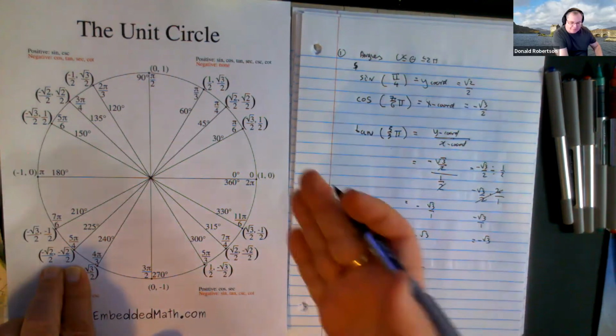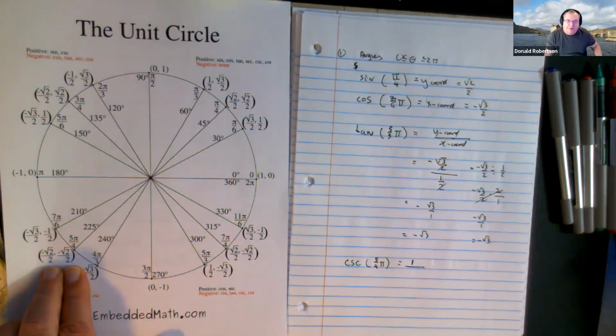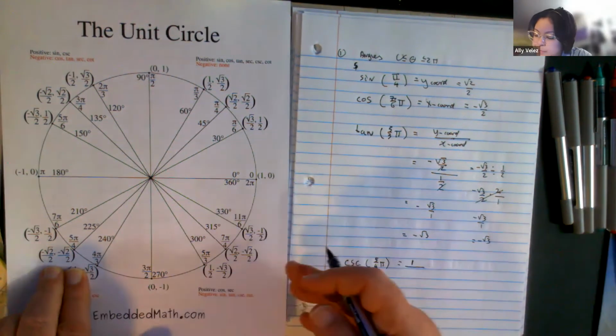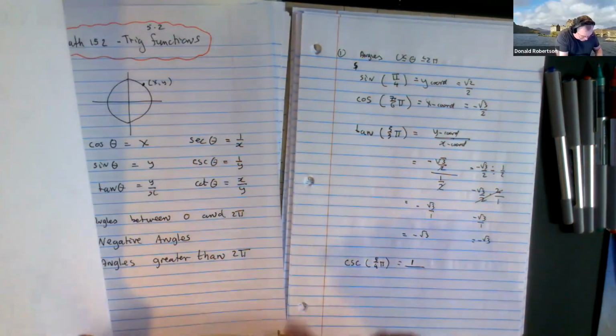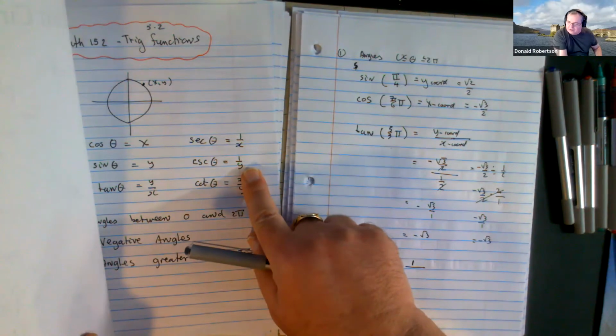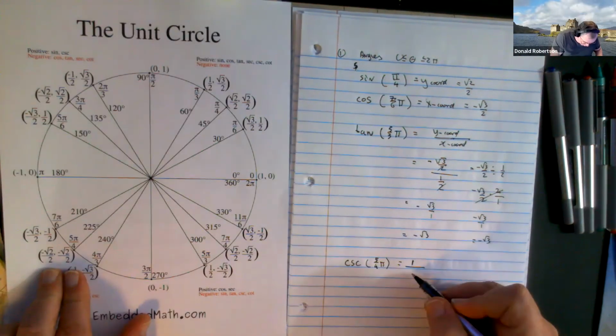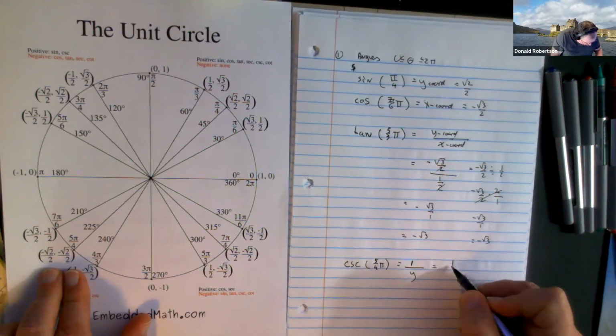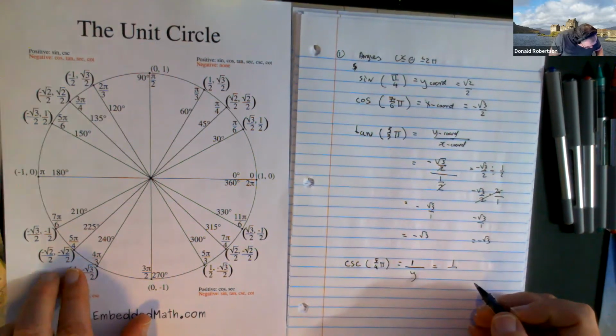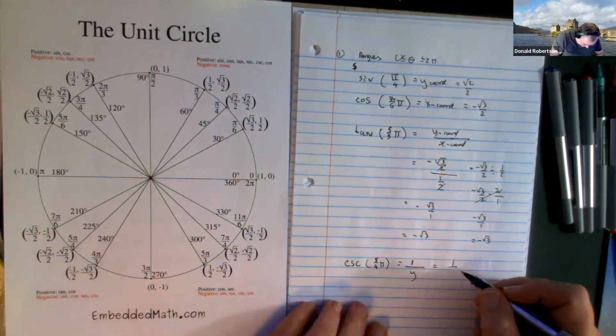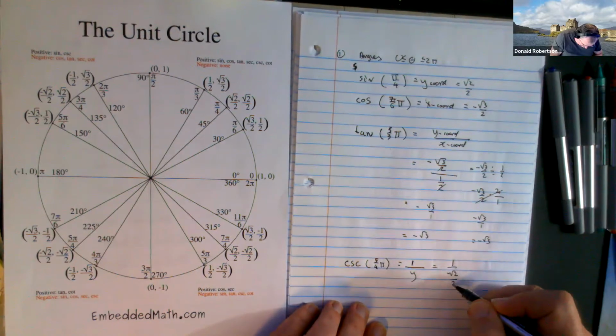I don't want to have to flip this up and show you. Can anybody just remember it? 1 over y. Okay, just like she said, she nailed it, right? 1 over y. Now, 1 over y is going to be 1 over the y coordinate, negative root 2 over 2.